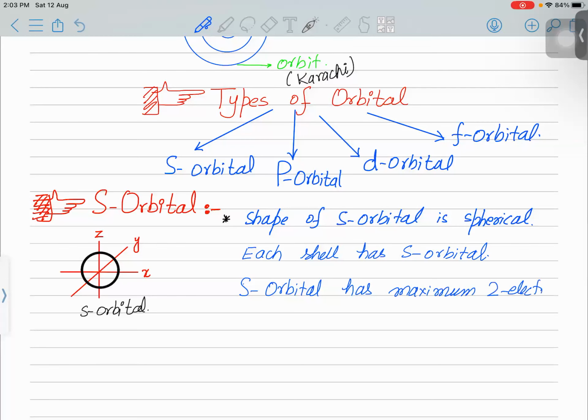So the maximum capability of s orbital to contain electrons is 2.